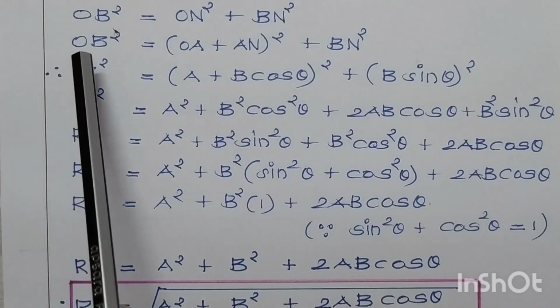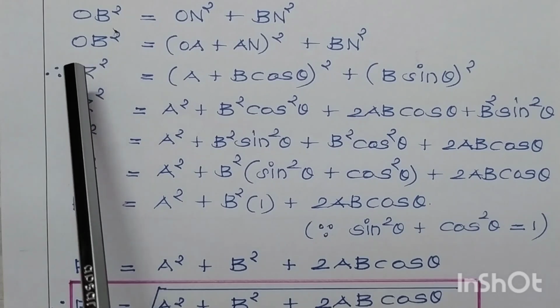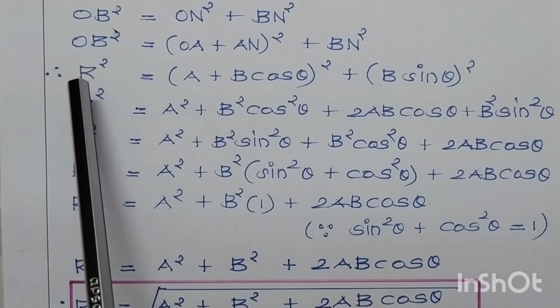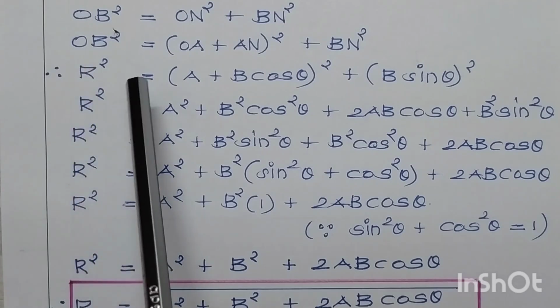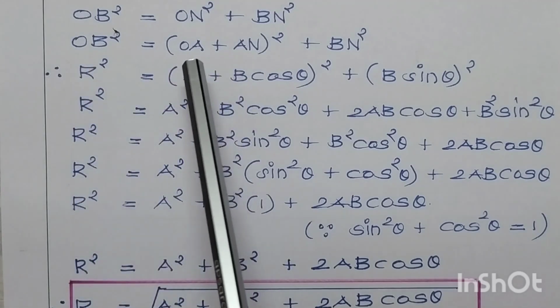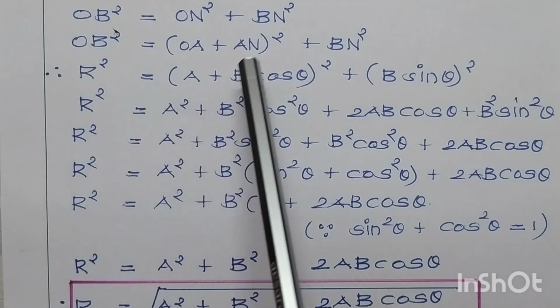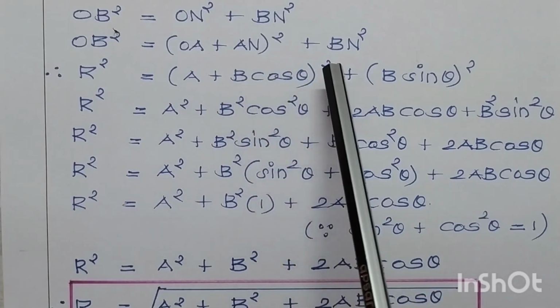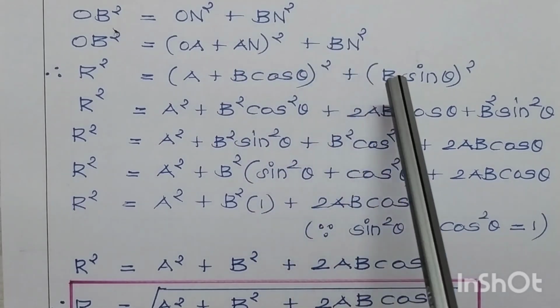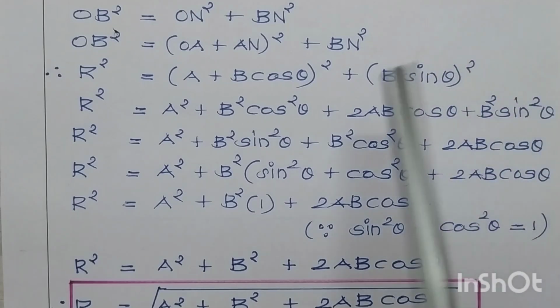Now, OB is represented by vector R. Let us take its magnitude, which is R. So R squared is equal to OA is represented by A plus AN, we have already found it, AN is equal to B cos theta, plus BN is equal to B sin theta, here whole square.